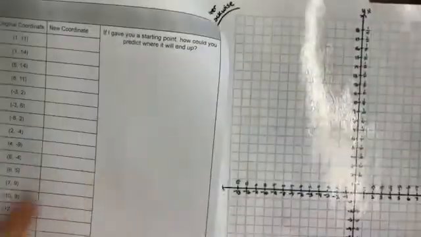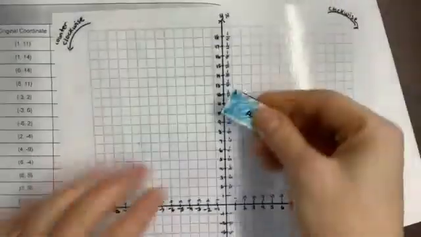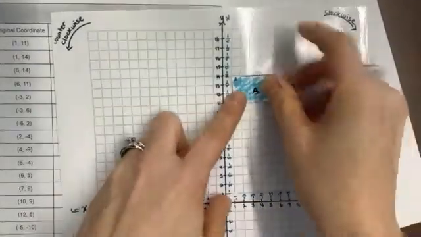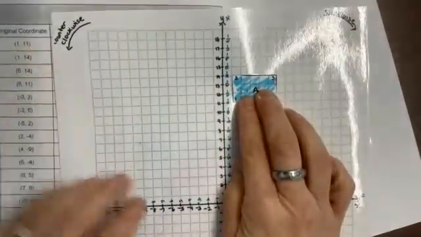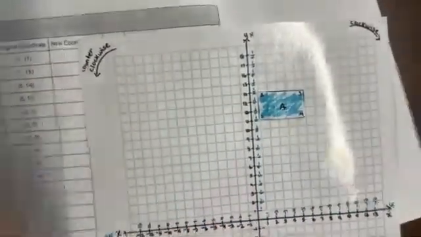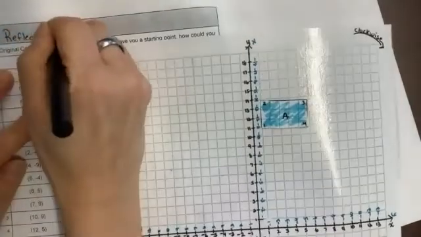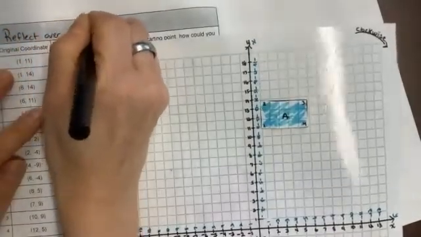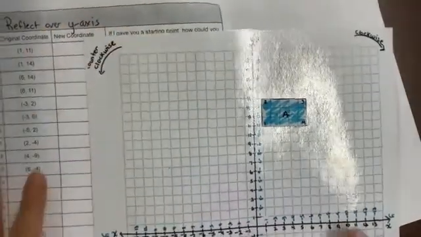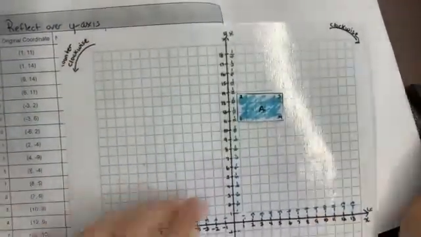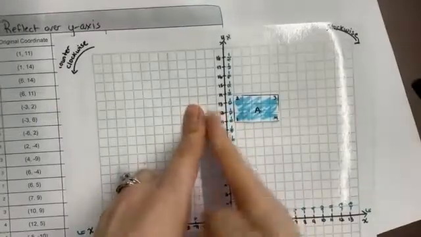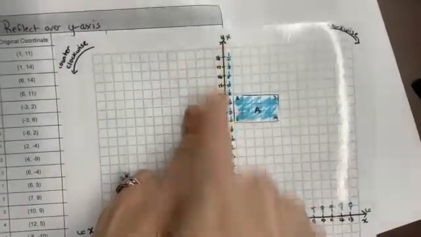So now let's look at the y-axis reflection. Again, I'm going to go ahead and stick shape A at its usual starting location of corner 1 at 1, 11. Now we're going to reflect over the y-axis. So again, we're flipping. Only this time, here's our mirror. The y-axis is the mirror.